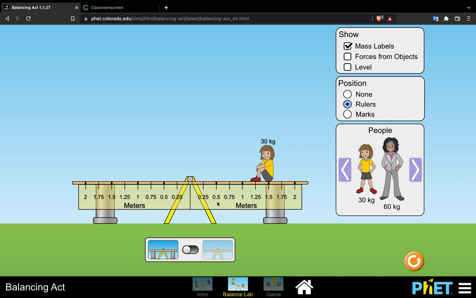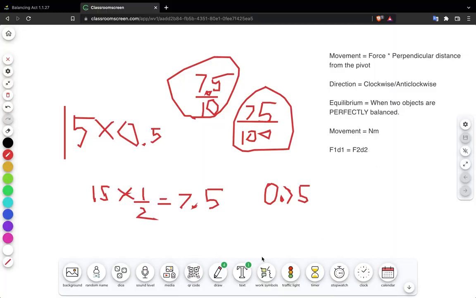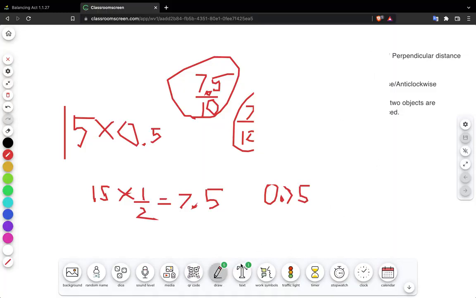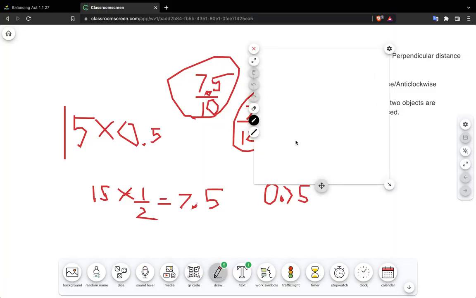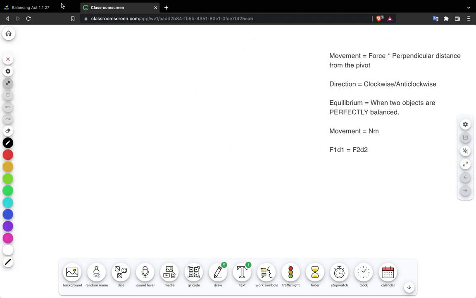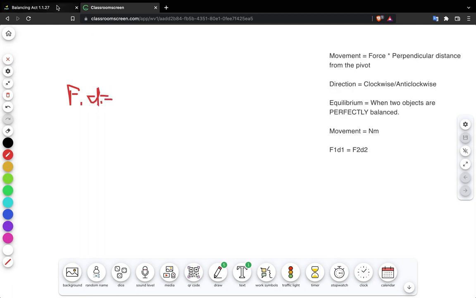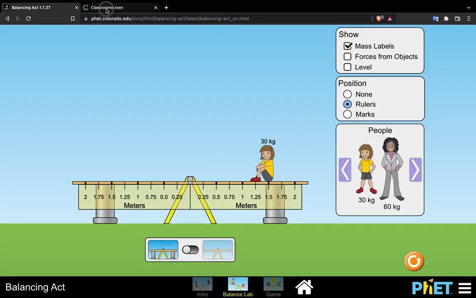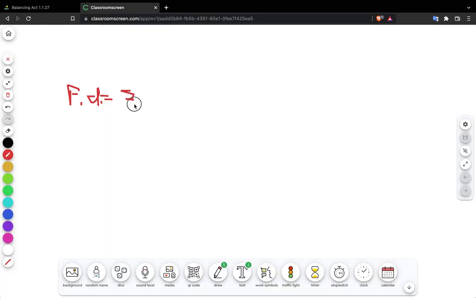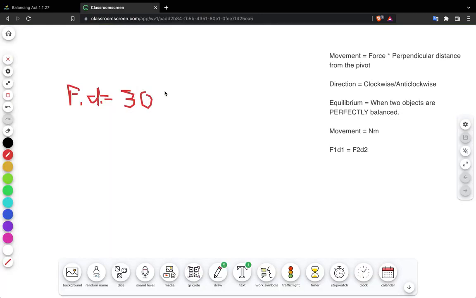Alright, so this is another question. This time we do know F1 D1, and we also do know F2. F1 D1 is equal to 30 into 1.5.